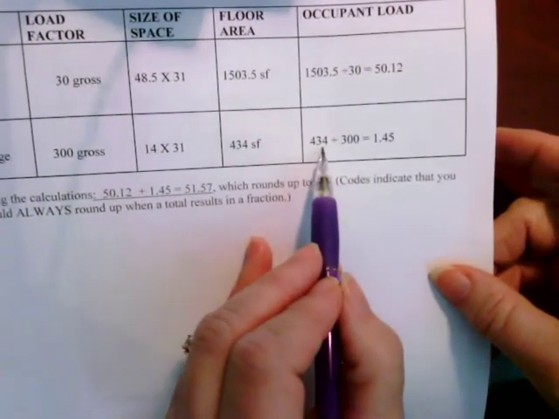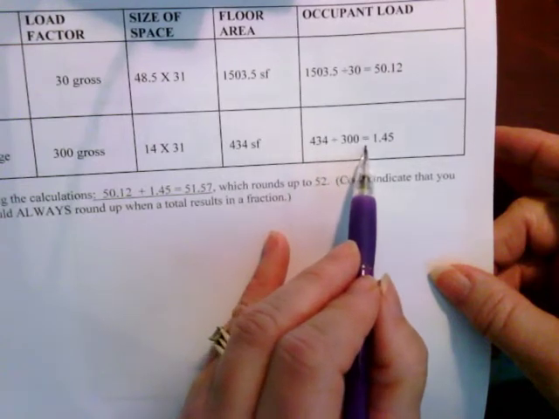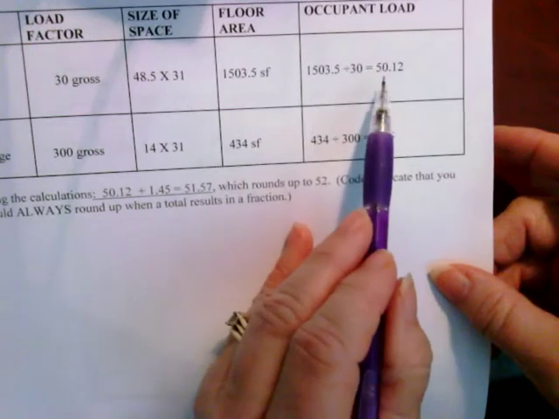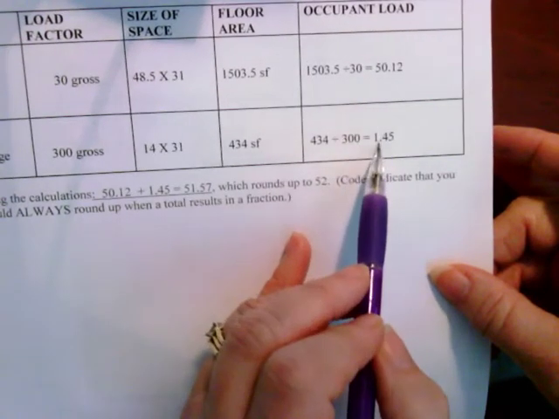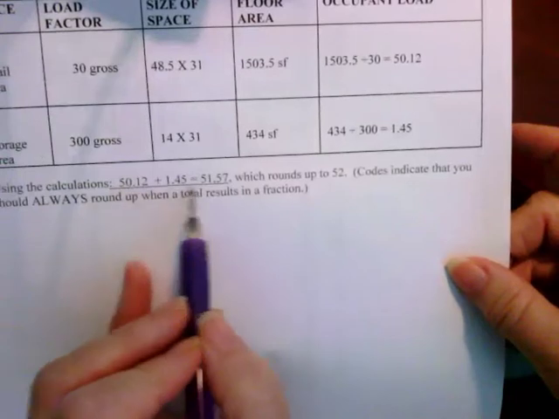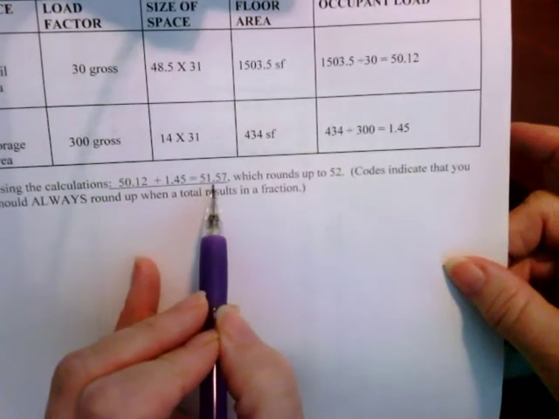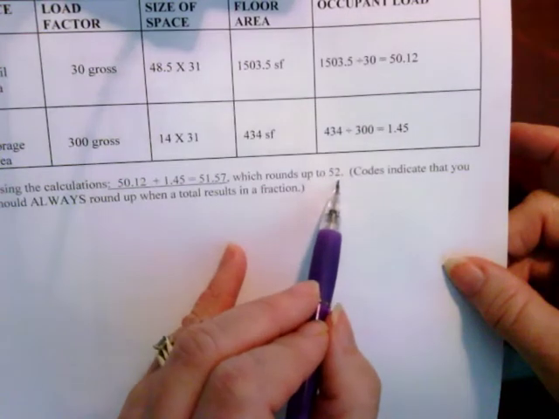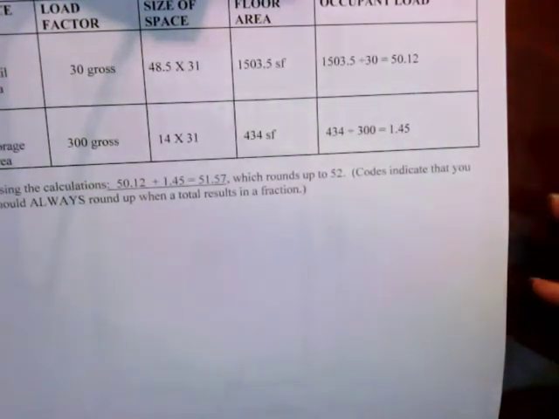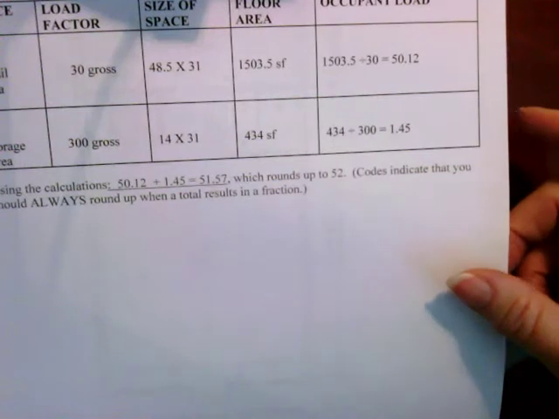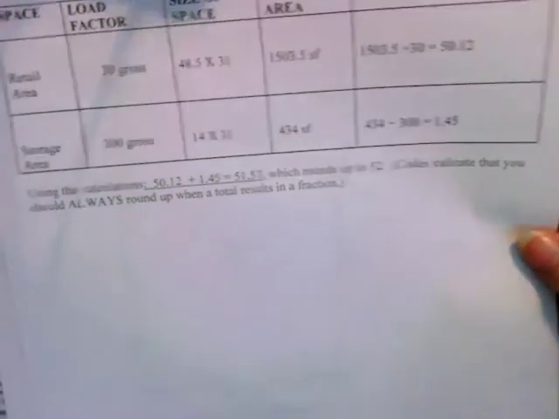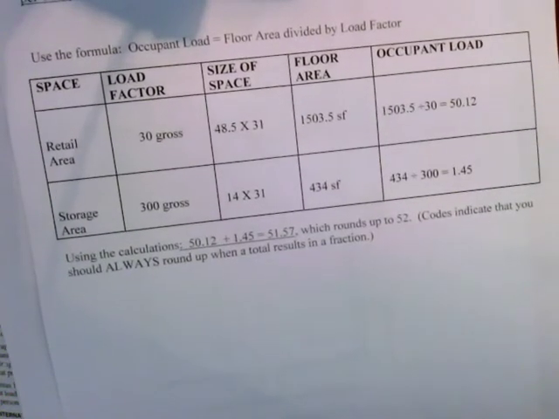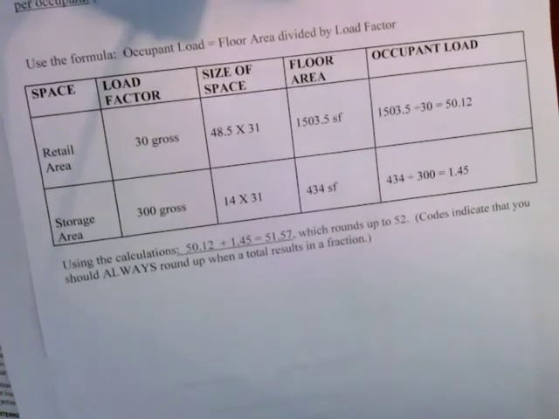We take the 434 divided by 300, which comes up to 1.45. Now I add the 50.12 and the 1.45, and that comes up to 51.57. I'm going to round it up to 52. So that is our occupant load, and that's how we would determine the occupant load for that particular retail space.